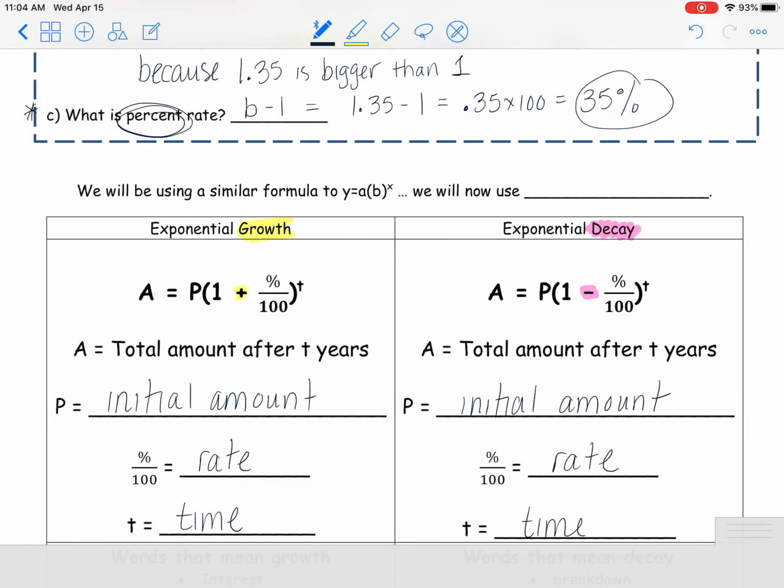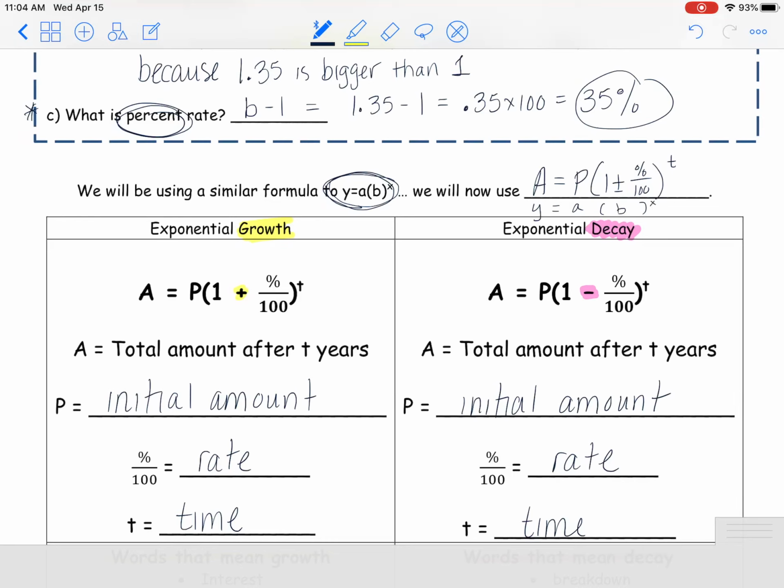Now, we're going to be using something similar to this. So this is what we're used to seeing. Today, we're going to introduce a new type of formula, but it's actually really the same thing, just written differently. So here's our y, here's our equals, here's our a.